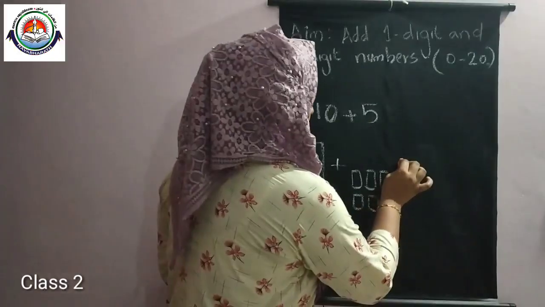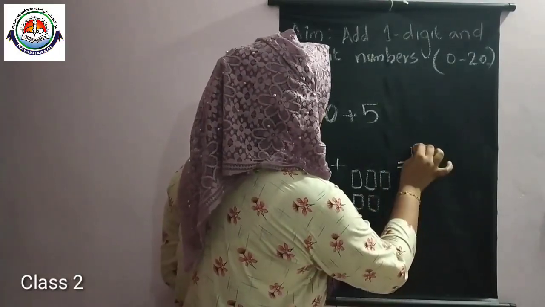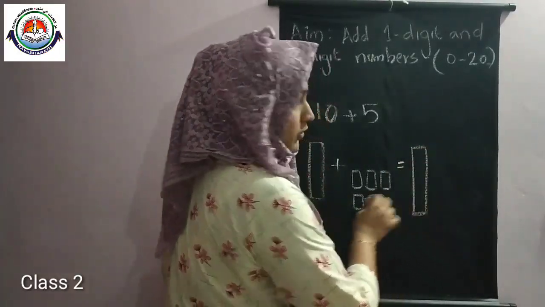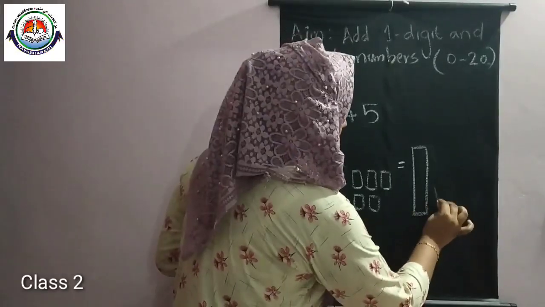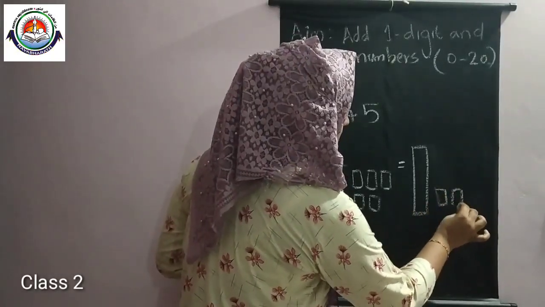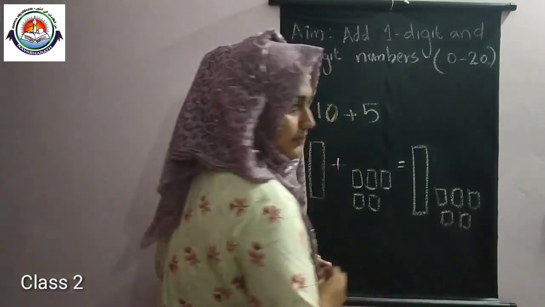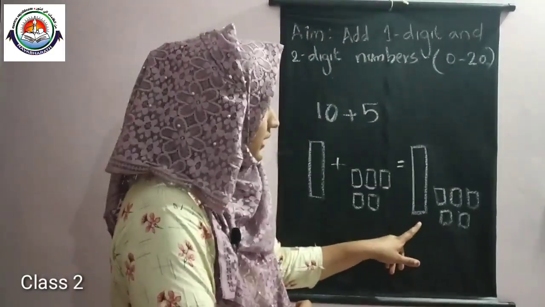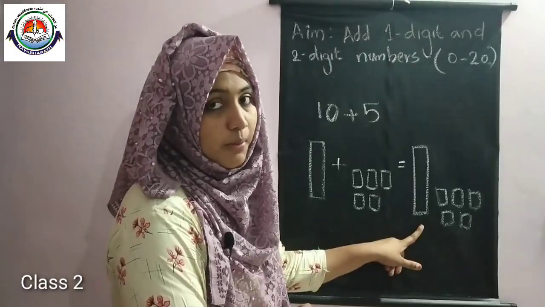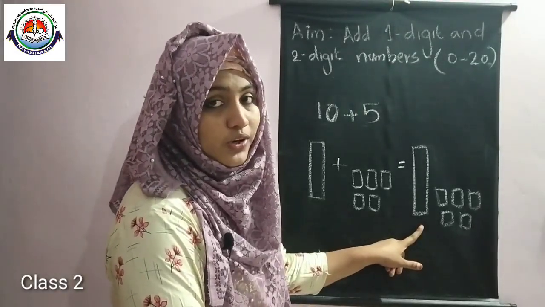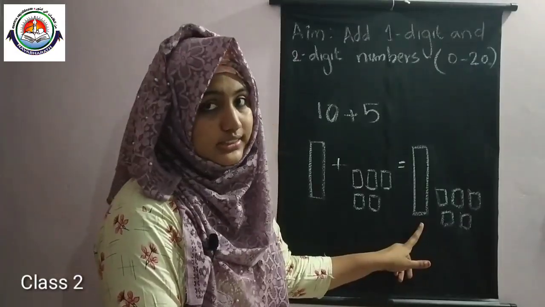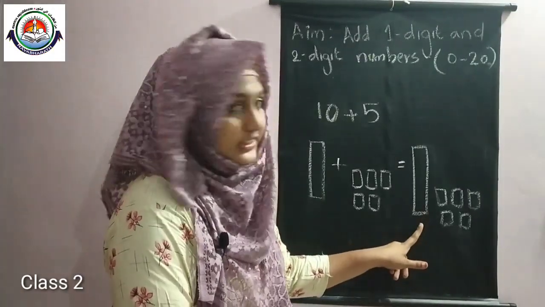Okay. So here I am going to draw the 10 blocks first. Then 5 small squares. 1, 2, 3, 4, 5. Then which number is this? Number 15. How you got? Here only one rectangle shape in this tens place.